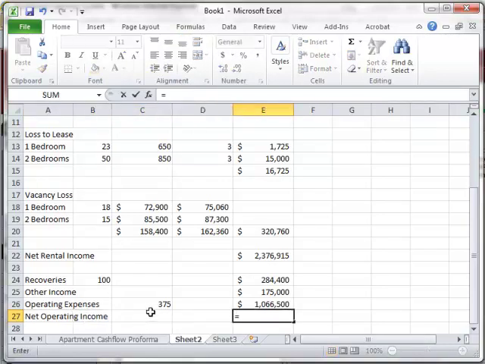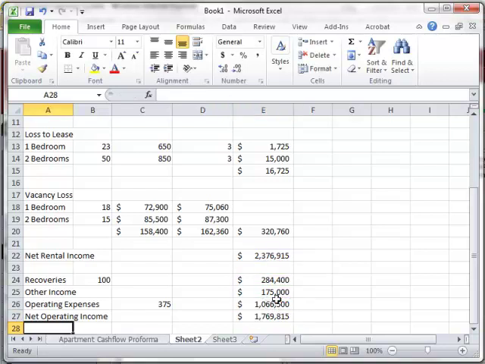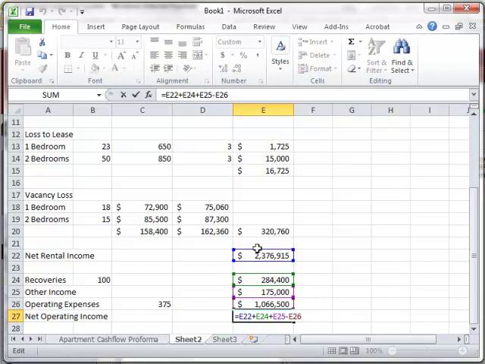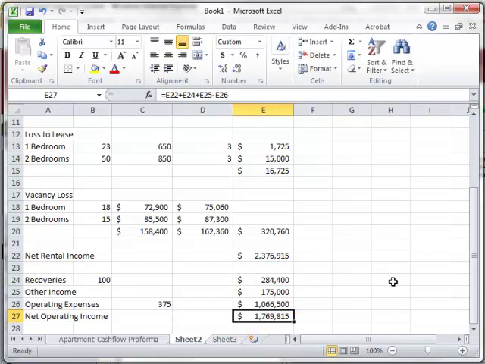If you recall, net operating income is going to be net rental income, and we're going to add our recoveries, and we're going to add our other income, and we're going to subtract our operating expenses. So I've highlighted this so you can see the formula: net rental income plus recoveries and other income minus operating expenses is going to give us our net operating income.